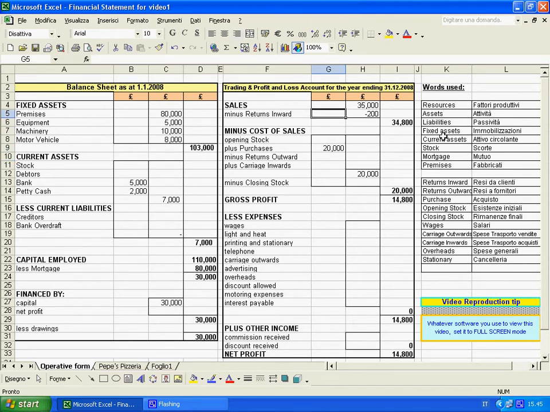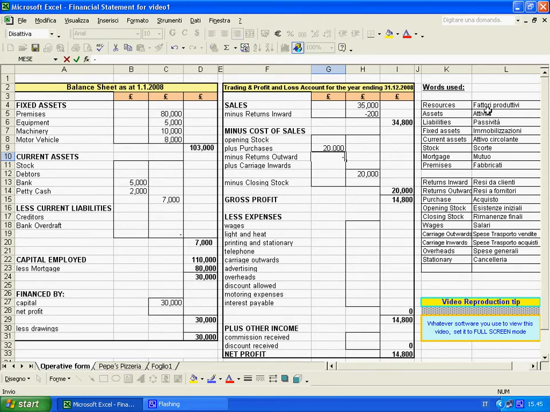As we have seen in the sales, we can have returns outward as well. That means that some goods bought from suppliers have resulted in poor quality. So we have claimed for a rebate.